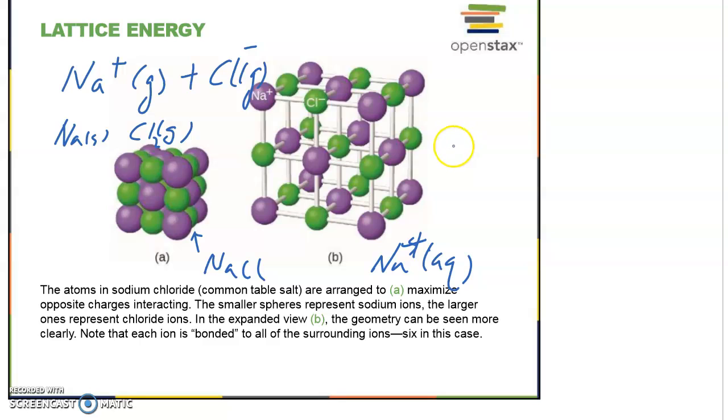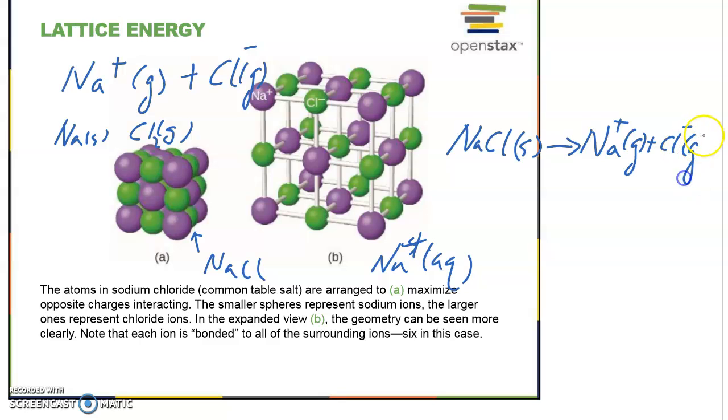If we write an equation for this example, it will be sodium chloride solid yielding sodium Na plus in gas form, plus chloride Cl minus in gas form. So the enthalpy of this reaction is called the lattice energy.